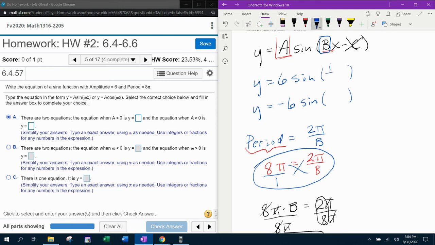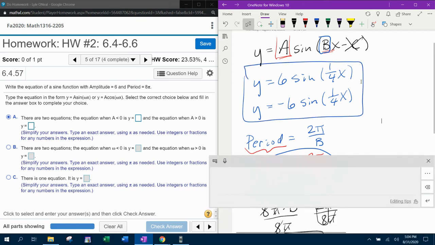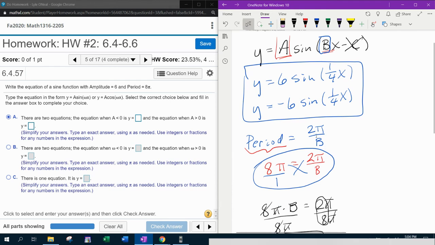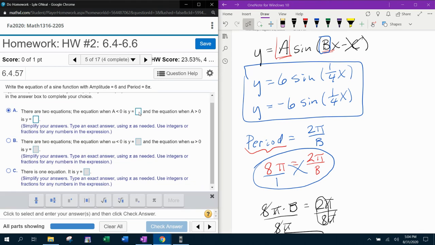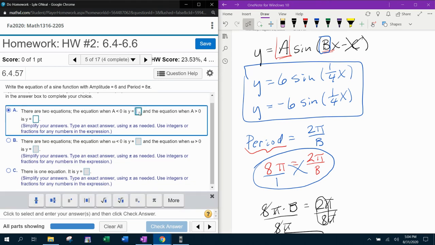And so to finish these equations off, they're each going to say 1/4 x. So both of these equations need to be input into the correct position. So when a is less than 0, that's the one where a is negative. That's going to be negative 6 sine, parentheses. I wonder if I need parentheses.